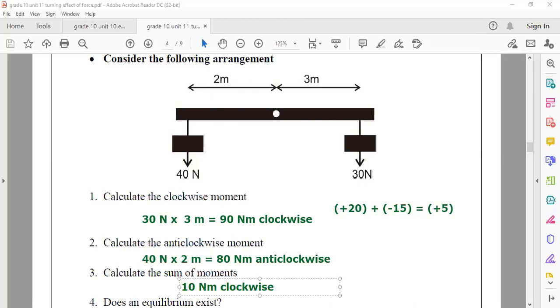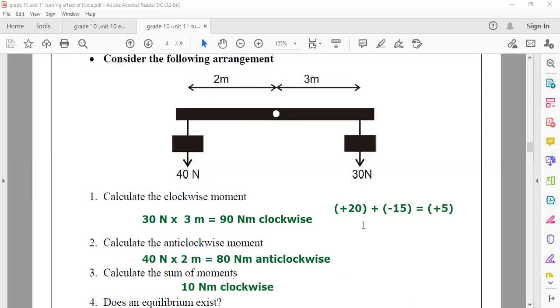Otherwise, if you just write 90 Newton meter and 80 Newton meter, the mind will not tell you to subtract. If you write 90 Newton meter clockwise and 80 Newton meter anti-clockwise, one is clockwise and one is anti-clockwise, so there is no way of adding them. You have to subtract them.